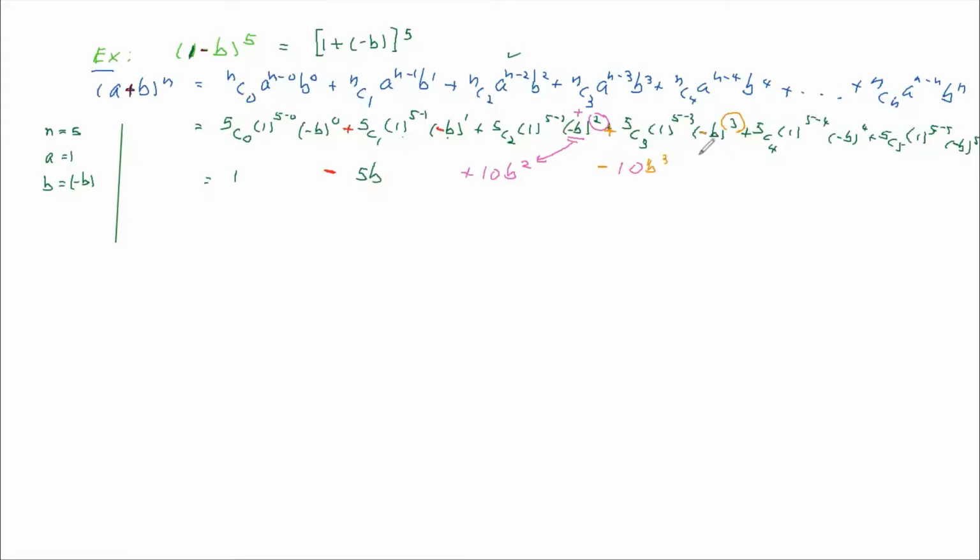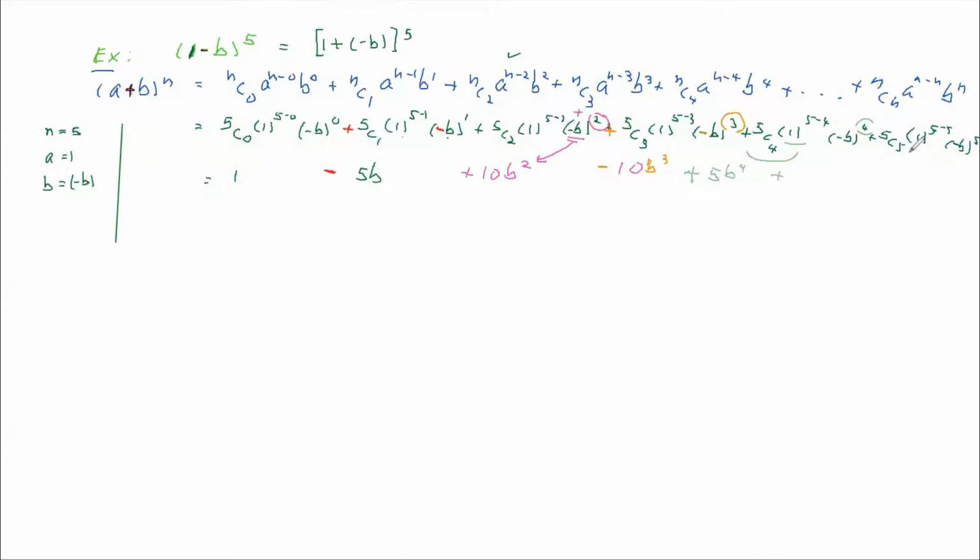Okay. Then the next term, we were on here. You can observe the sign first, right? Because it's minus b to the power 4, an even index, it comes with the plus sign, plus times plus comes out plus. Then you use the calculator. 5C4 is going to be 5. 5 times this one is 1, times b to the power 4.